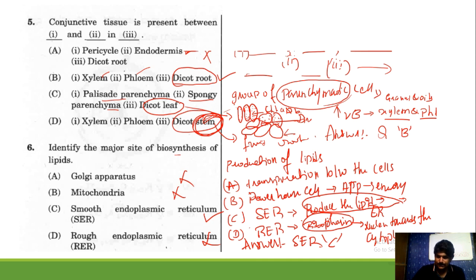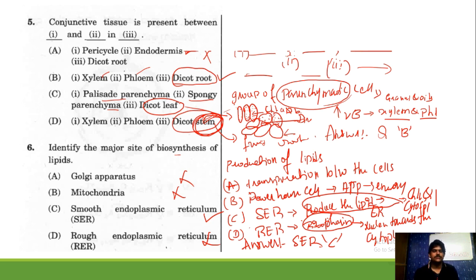Other than smooth endoplasmic reticulum, chloroplast and cytosol are also major cell components which produce lipids.